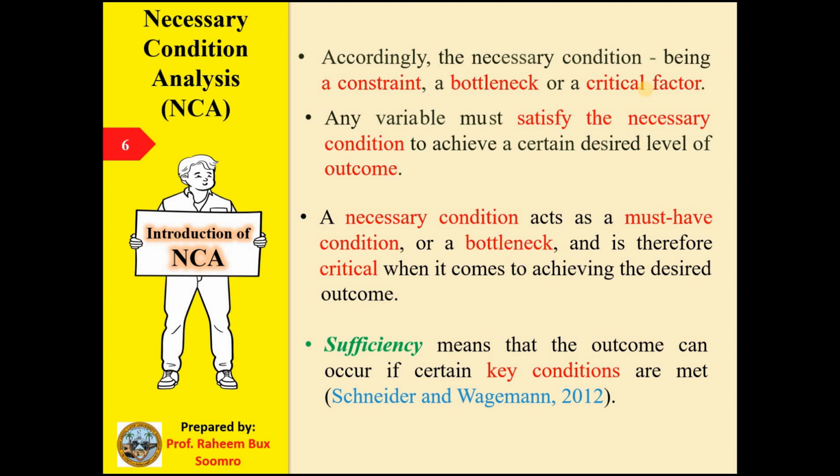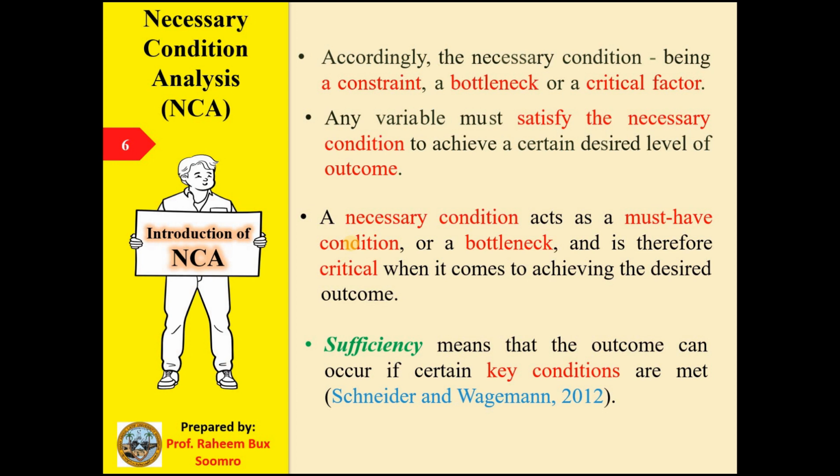Without fulfilling the necessity, you cannot achieve your objective, the outcome. Any variable must satisfy the necessary condition whenever you want to achieve the outcome. A necessary condition is a must-have condition, like a bottleneck. Without the fulfillment of that necessity, you cannot achieve your outcome.